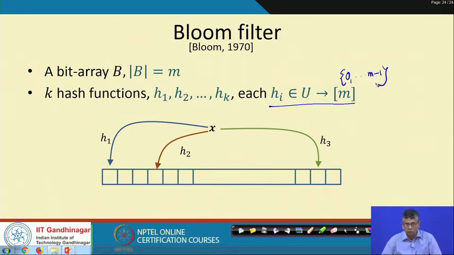Intuitively, what are we going to do? When an element x arrives, we are going to calculate h1 of x, h2 of x and h3 of x, in this case k equal to 3, and now we are going to look at these bits, b of h1 of x, b of h2 of x and b of h3 of x, and do something with them. So, what do we do with them? Let us see.